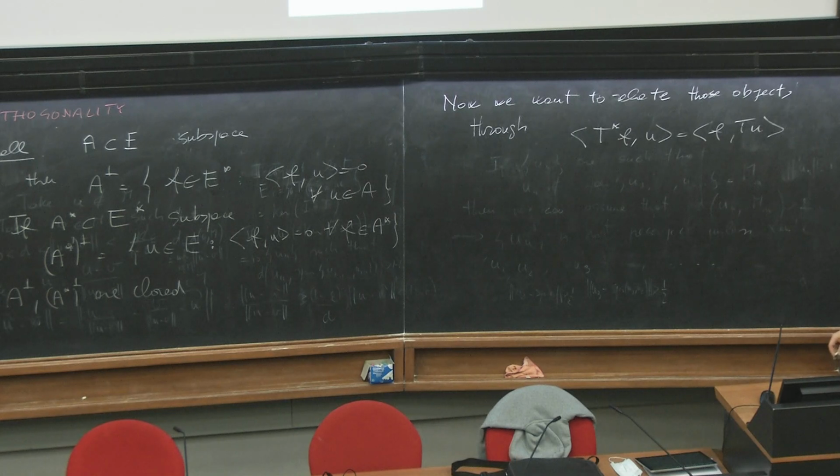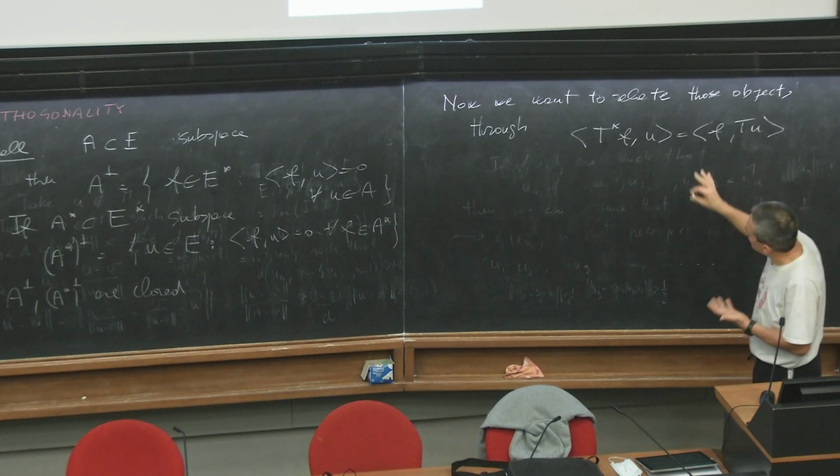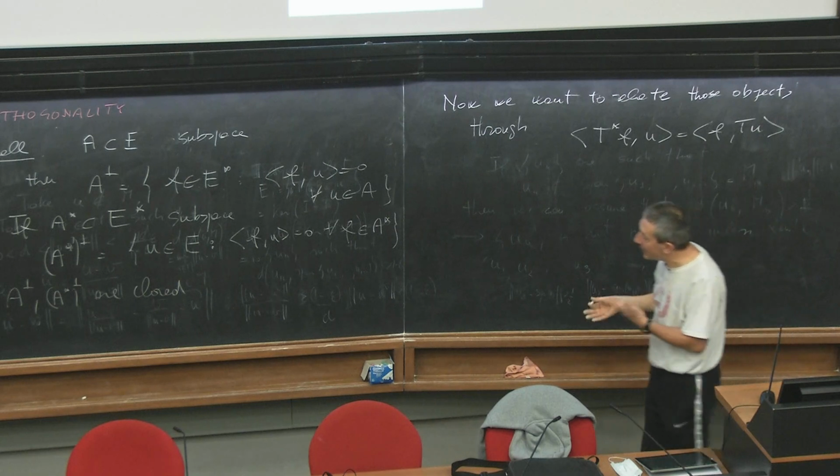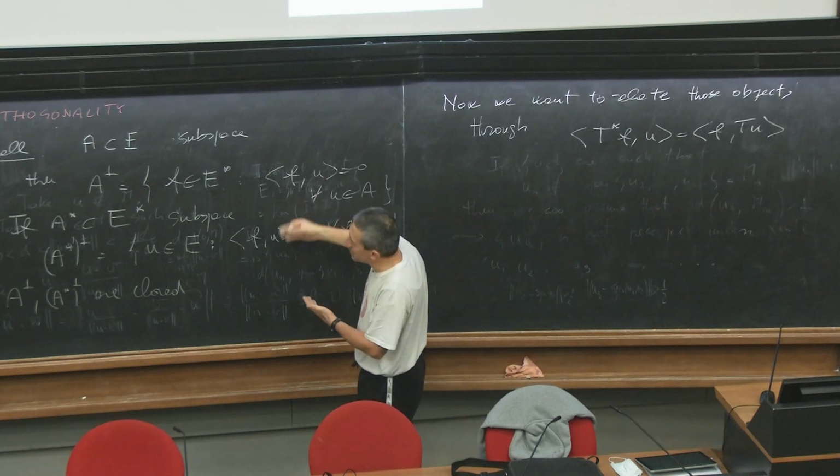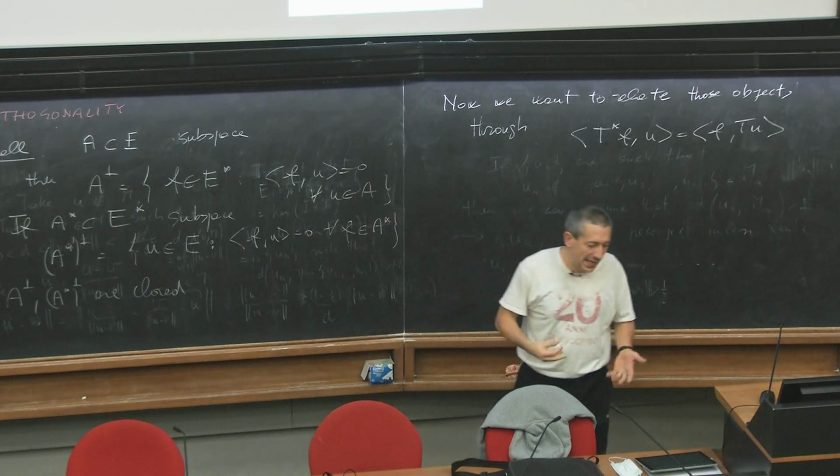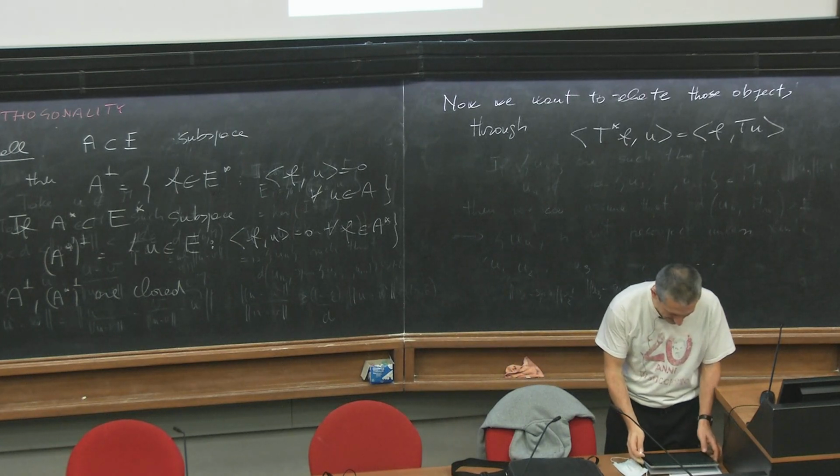So you see that I have a relation between the scalar products, and then I want to use this orthogonality relation to relate, for example, the kernels. So let's start with something easy here.